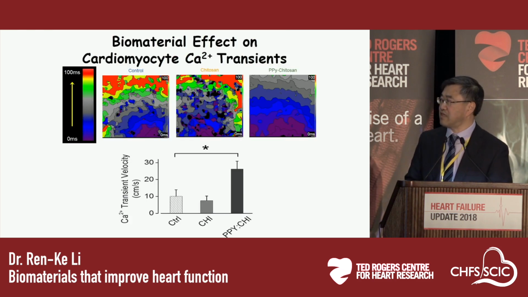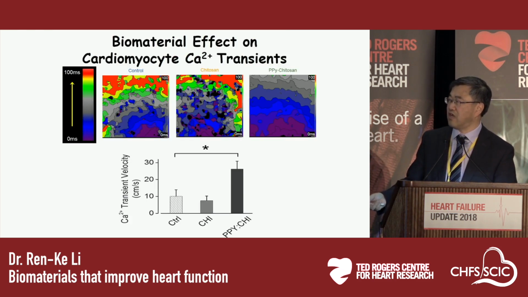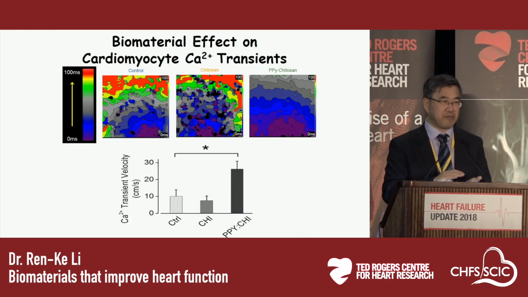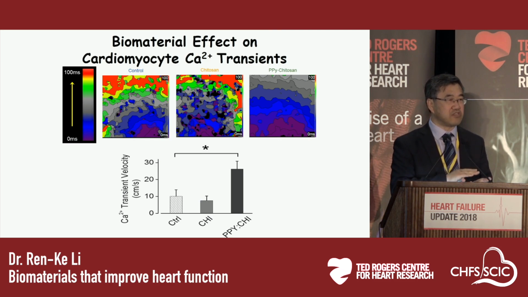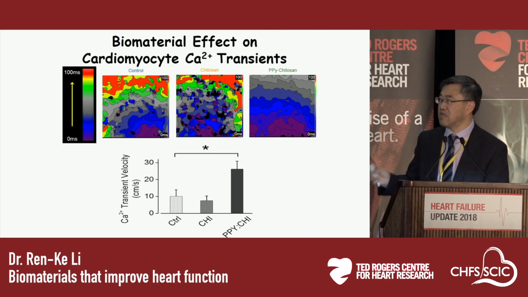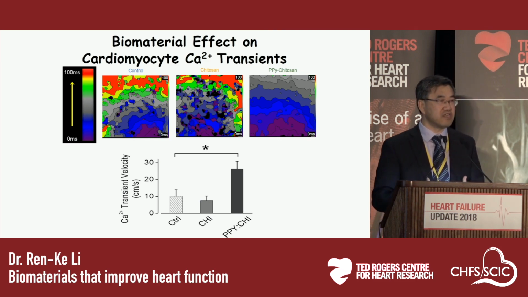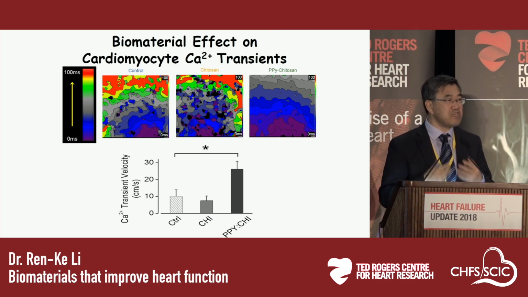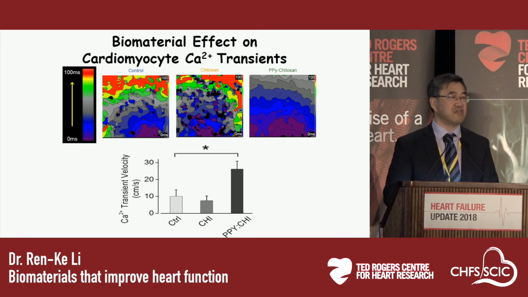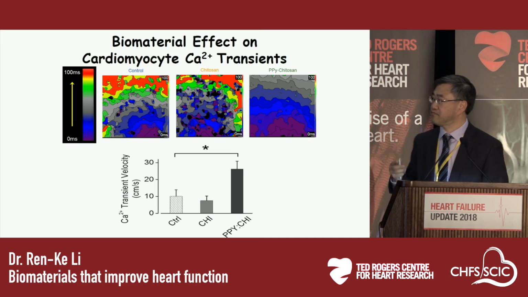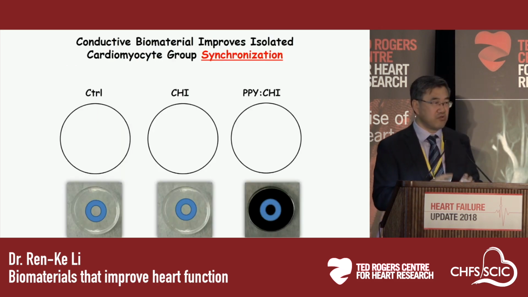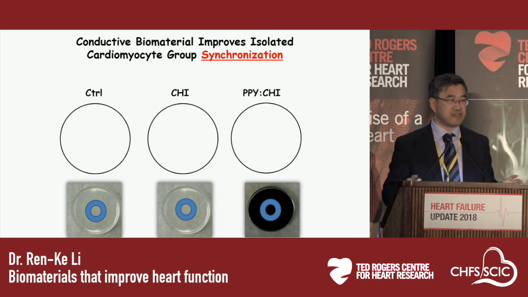So we put all the data together, and we found that with the conductive biomaterial in the culture dish, or on top of the culture dish, when you grow the cells, these cells have a greater conductive velocity, even though they are not connected to each other.